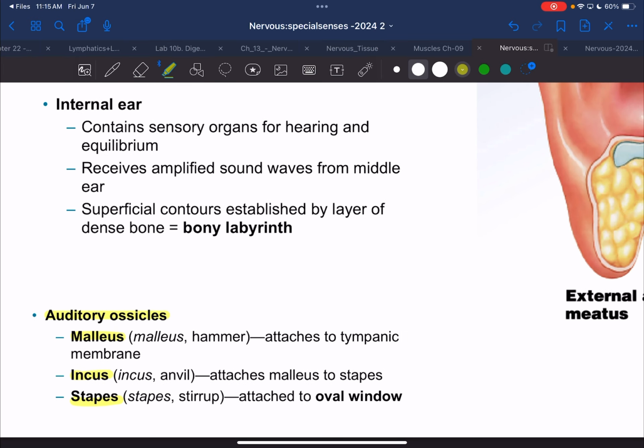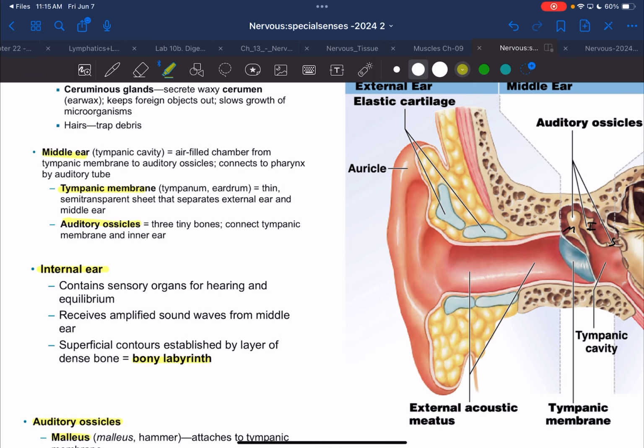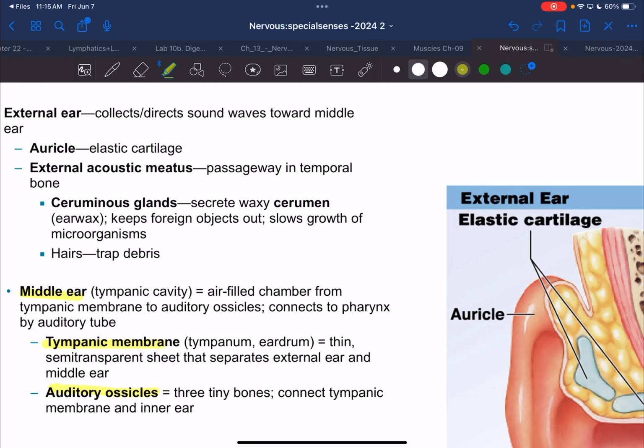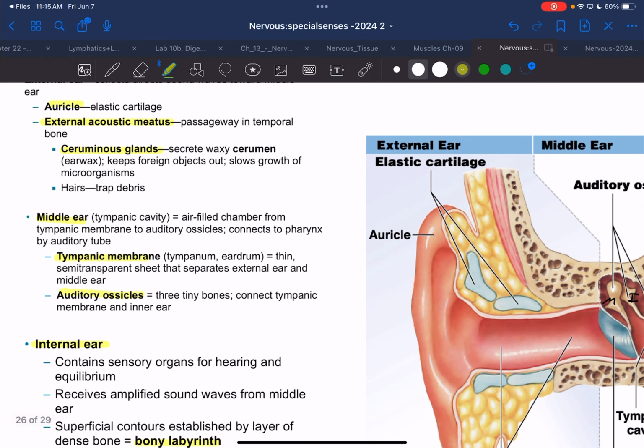Remember the order. Know the terms in bold. That's all it really is, knowing what the terms in bold are. Be able to describe them with one sentence, and it's right after the bolded term.